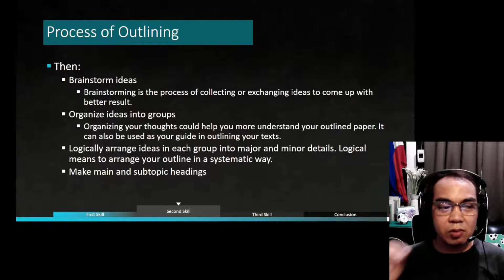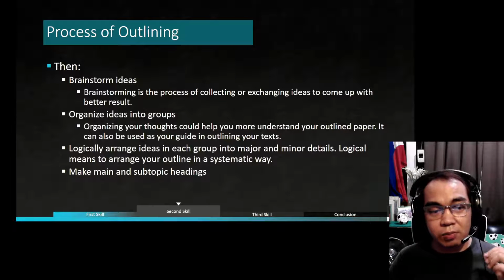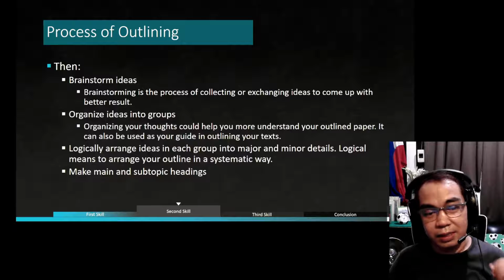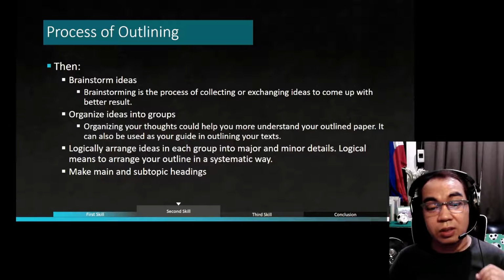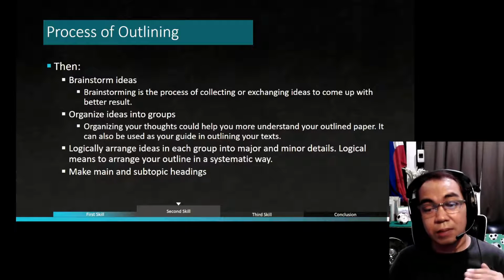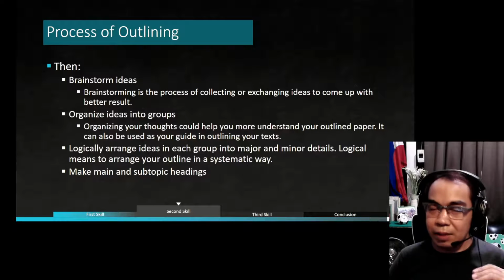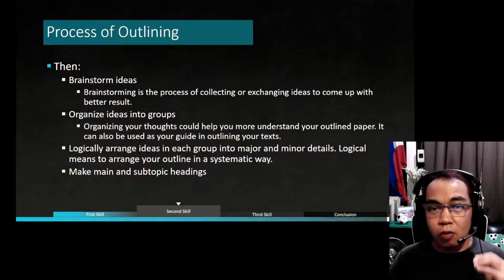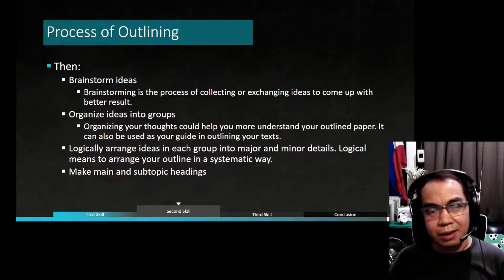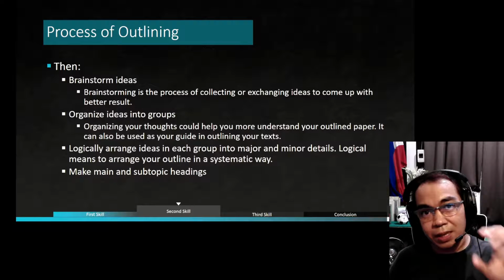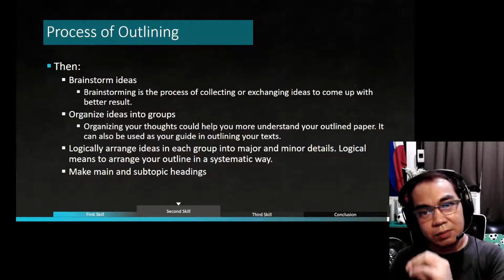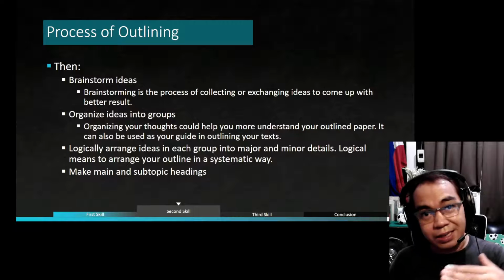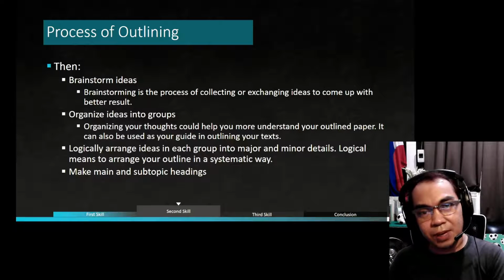Then, when doing the outline, you must consider brainstorming, organizing ideas into groups, logically arranging the ideas in each group into major and minor details, and to make main and subtopic headings. This is the best way for you to be able to organize an outline. Identify what is the main topic, then what could be subtopics under this main topic, and what are details after each subtopic.